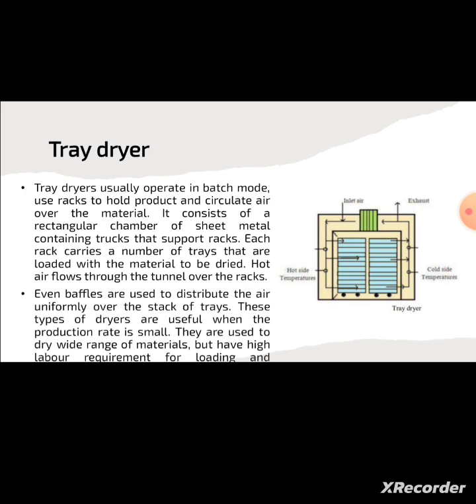Such racks carry a number of trays that are loaded with the material to be dried. Hot air flows through the tunnel over the racks so that moisture is transferred from the wet product to the hot air. The hot air takes the moisture of the product and goes out through the outlet chamber or any kind of chimney provided in the dryer.